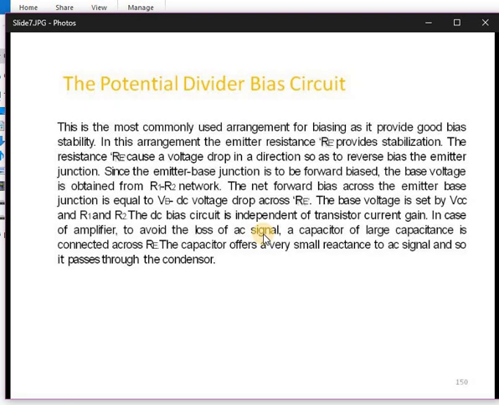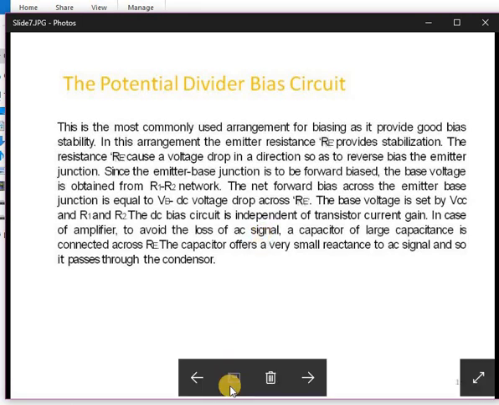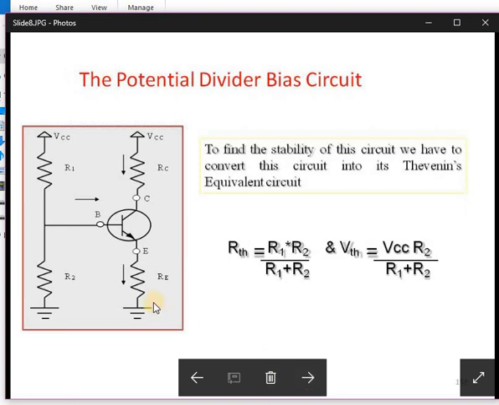In case of an amplifier, to avoid the loss of AC signal, a capacitor of large capacitance is connected across RE, the emitter resistor.